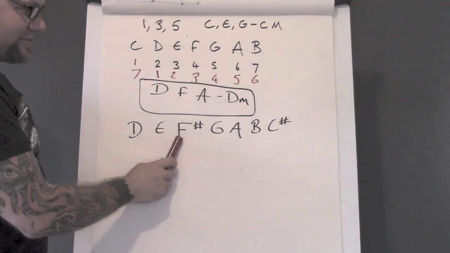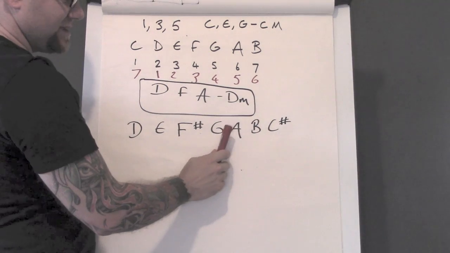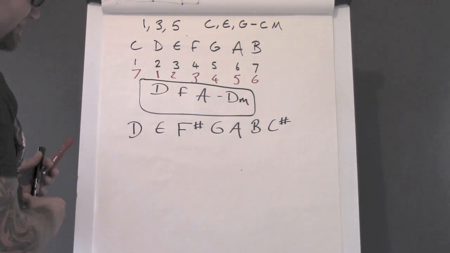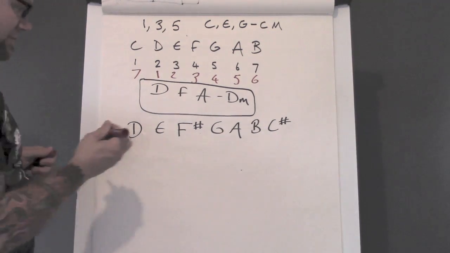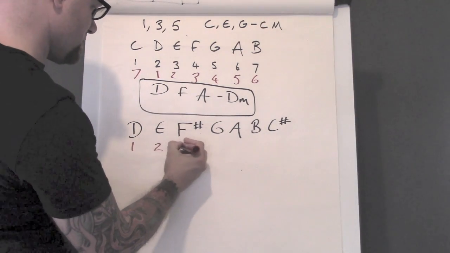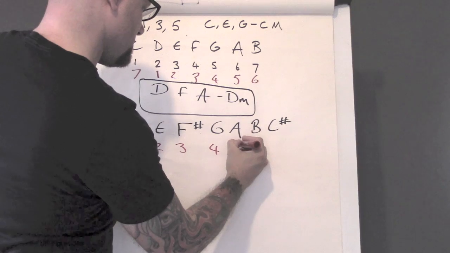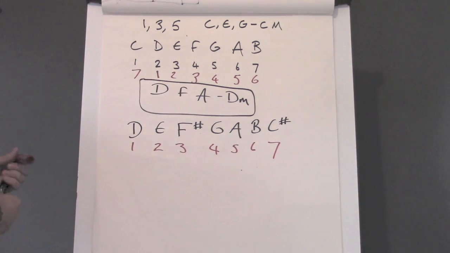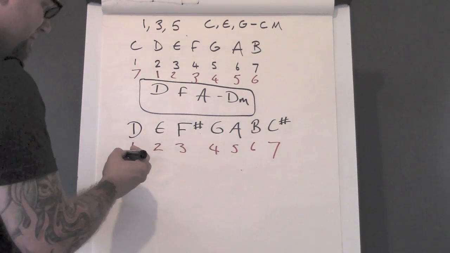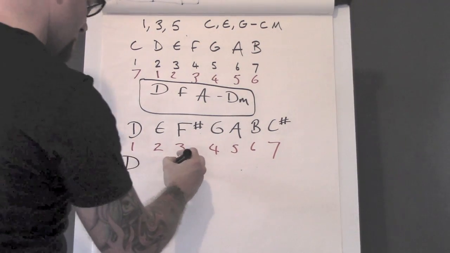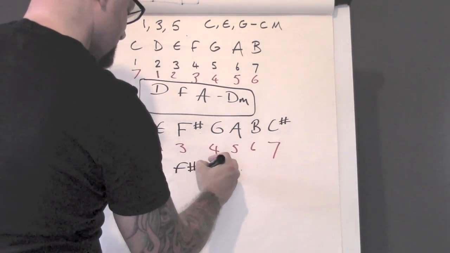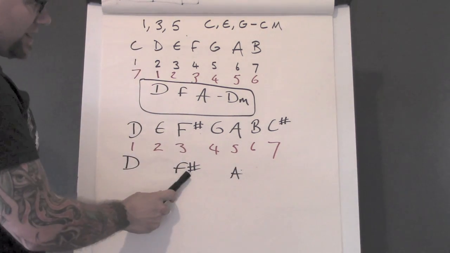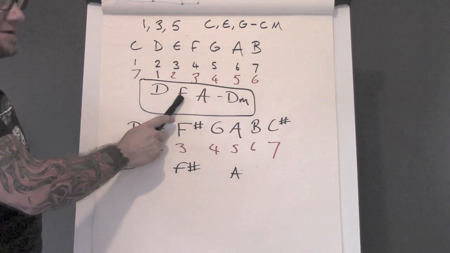So D, E, we've got an F sharp in this key, G, A, B and a C sharp in this key. So if we were to take the 1, the 3 and the 5 in a D major scale, we would have D, F sharp and A. So here we've got an F sharp, here we've got an F natural.